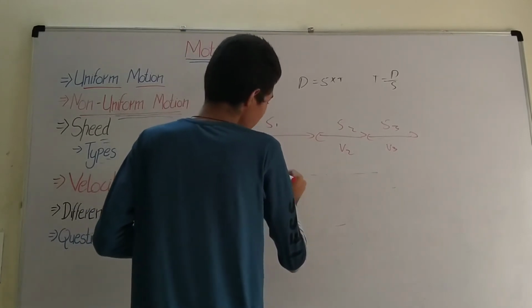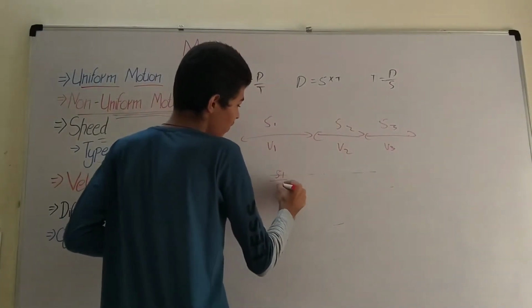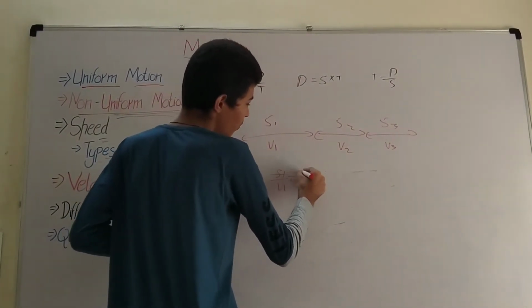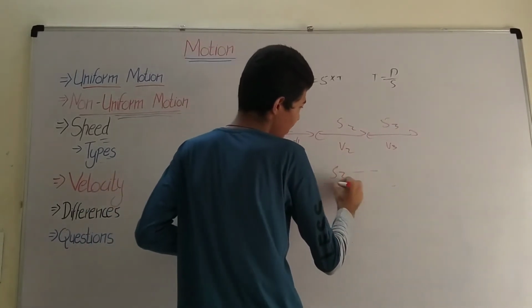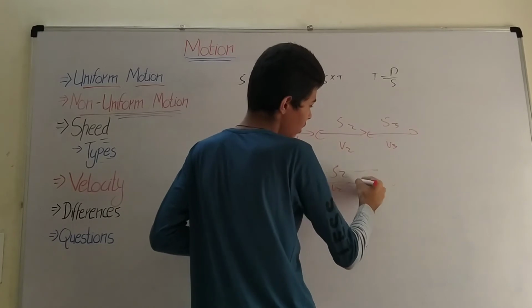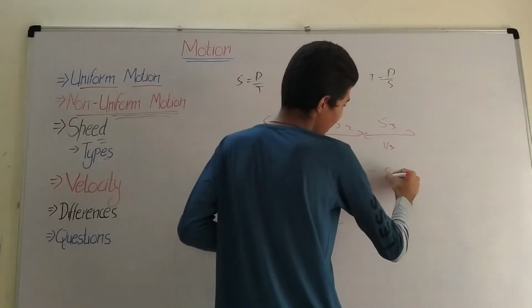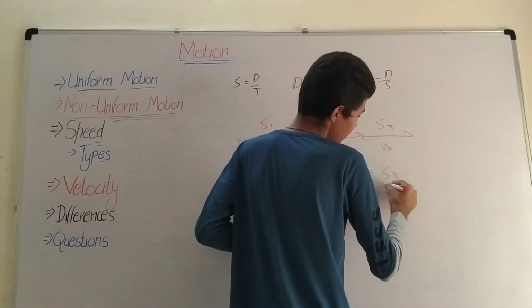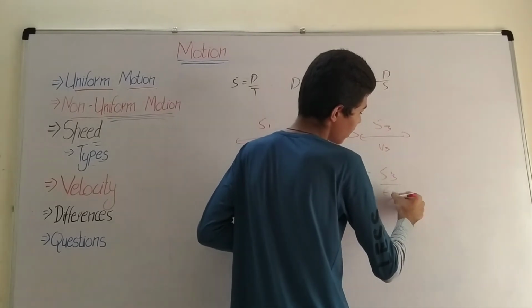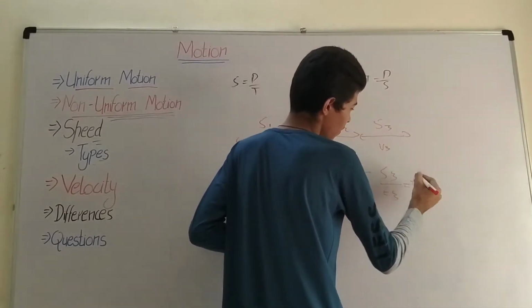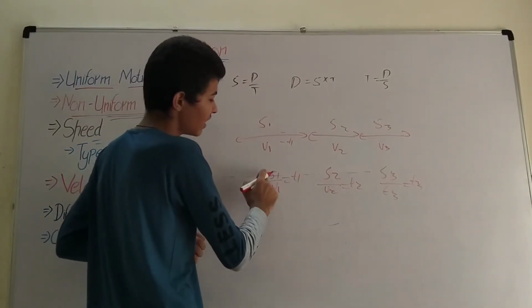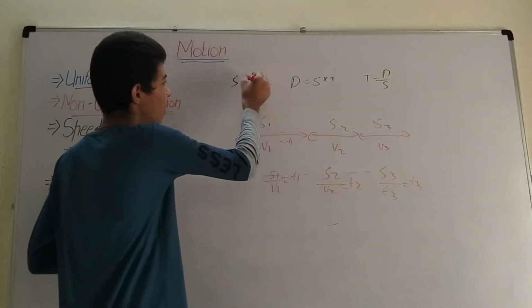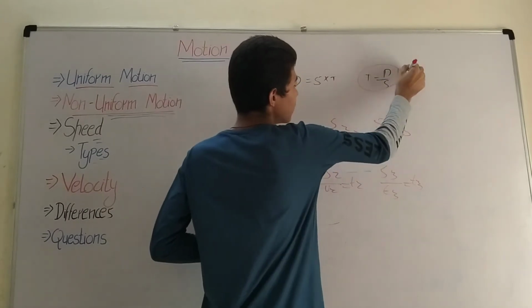The time would be s1 by v1, that is t1. Then s2 by v2, that is t2, and s3 by v3, that is t3. All these come from the equation: speed is equal to distance divided by time.